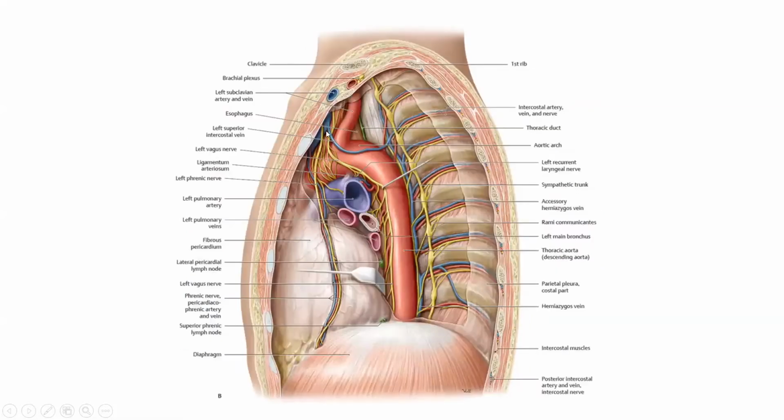And on the left side, as I mentioned, the phrenic nerve is directed on the left side of the arch of aorta, which is anterior to the vagus nerve, which is here. So this phrenic nerve continues to the left margin of the heart, and it goes to the diaphragm.